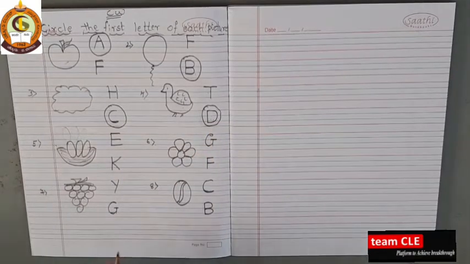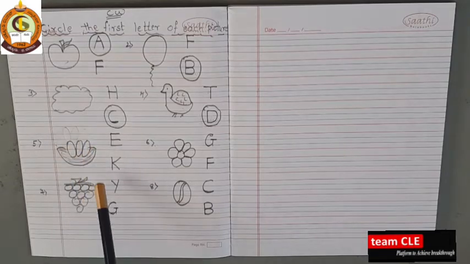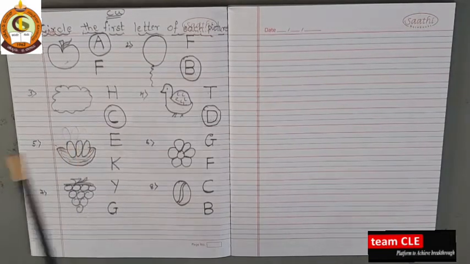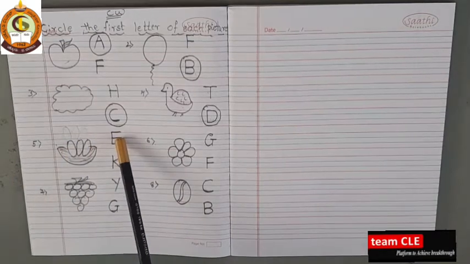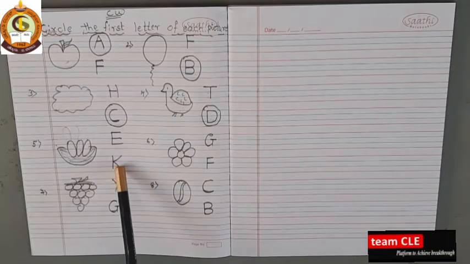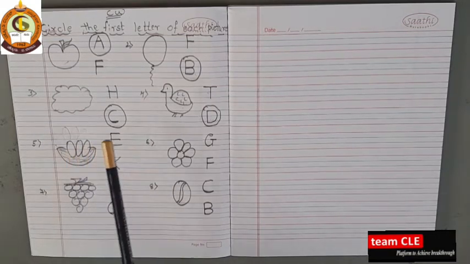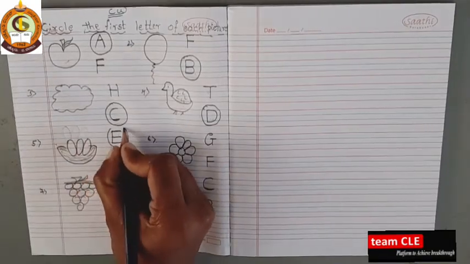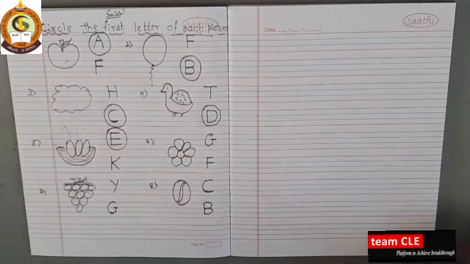Okay. So next picture is a nest. In the nest, what is there? Eggs. One, two, three. Three eggs are there. So letter E or K? K for eggs or E for eggs? E. So circle the E letter. E for eggs.